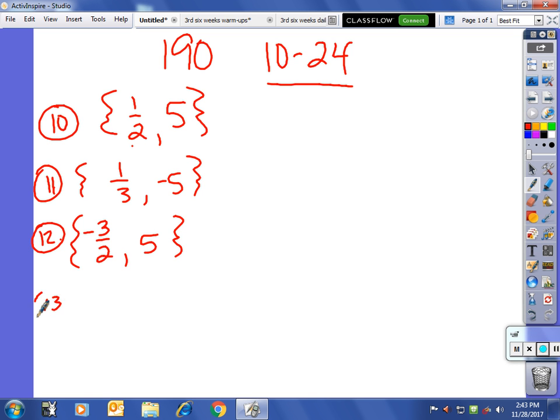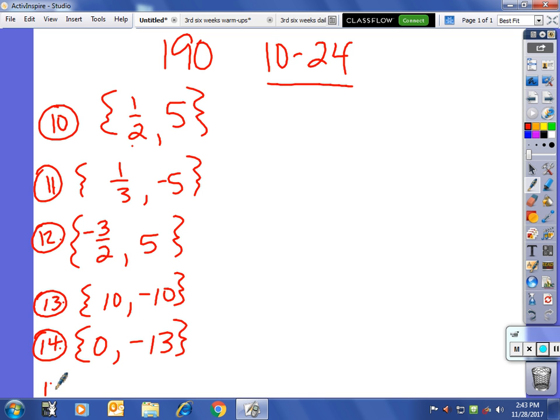Alright, number 13. The 2 roots here were 10 and -10. Number 14. Some kids forget to write down the root of 0, and -13 were the 2 roots. Number 15 also had an answer of 0 as one of the roots, and the other one was 7/3.